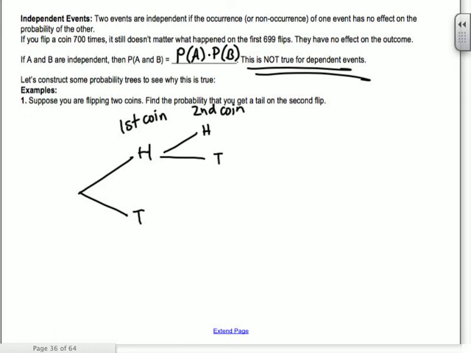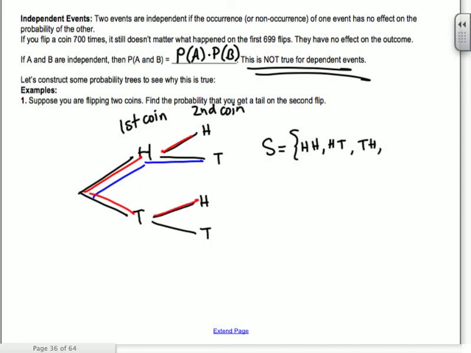After I get a tails, I could get a heads or a tails again. So our sample space is HH, HT, TH, and TT.